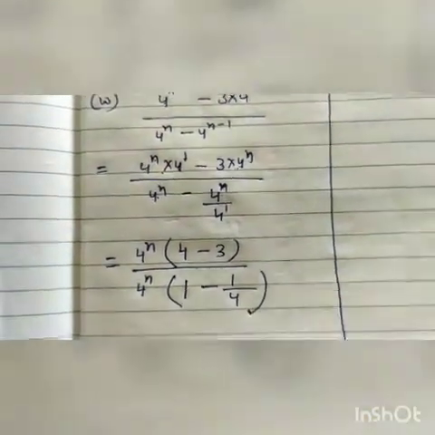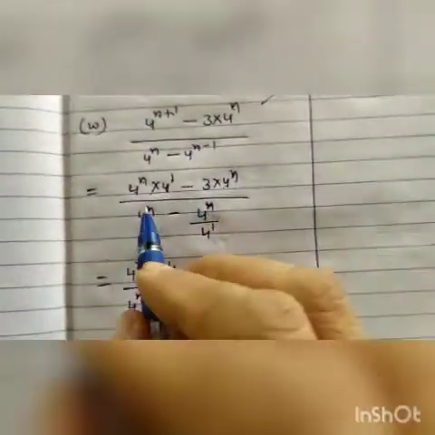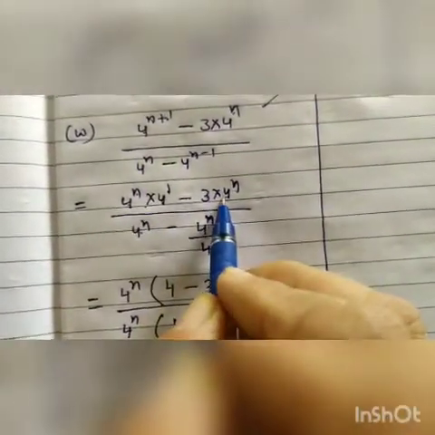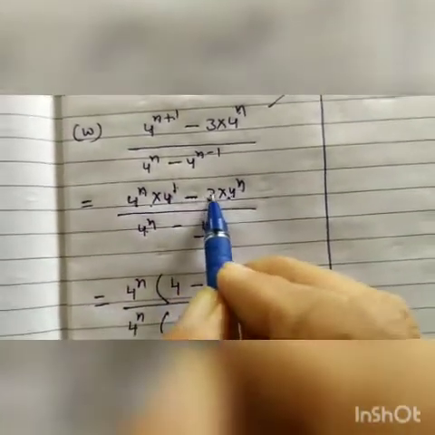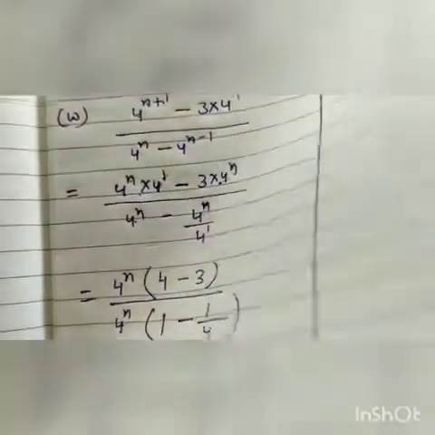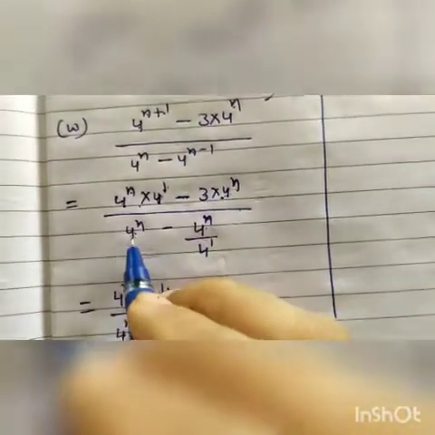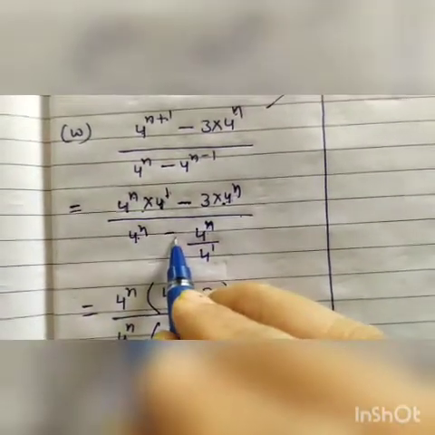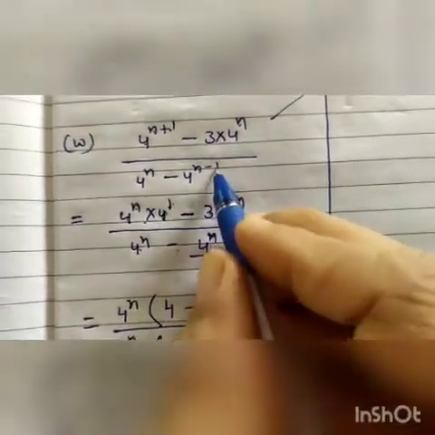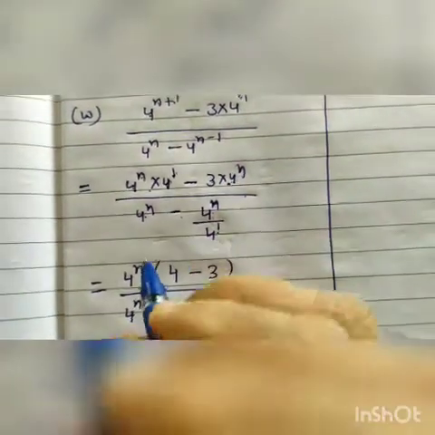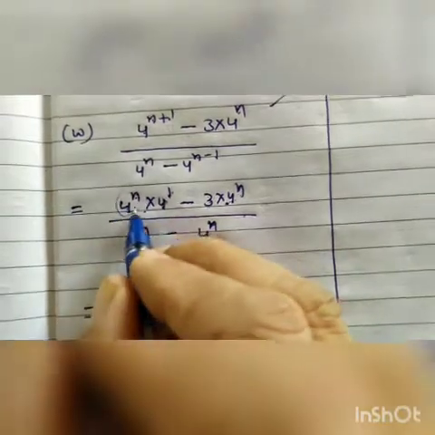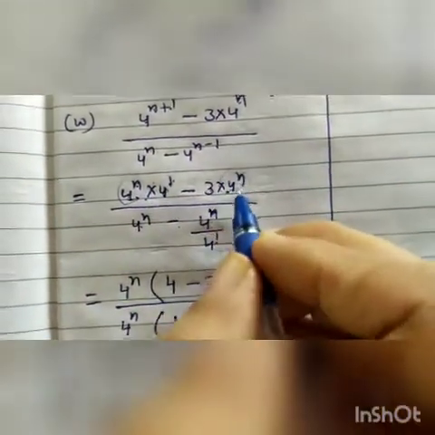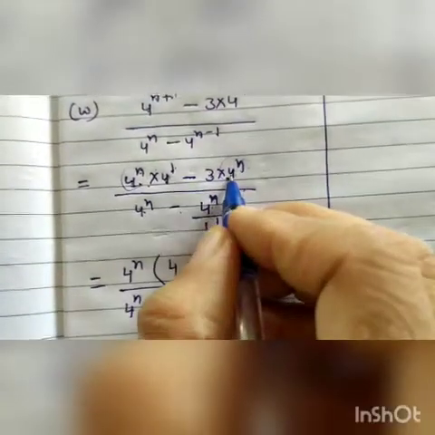Clear up to here? See this line again. Students, here we have two pairs. 4 power n into 4 power 1 minus 3 into 4 power n upon 4 power n minus 4 power n upon 4 power 1. It is written as it is. Then we can take common 4 power n from both the pairs.